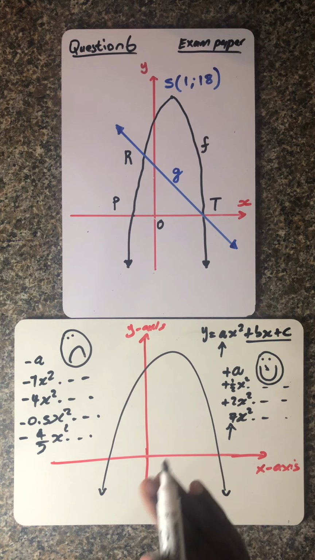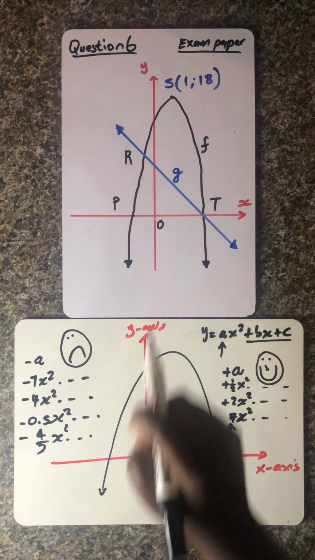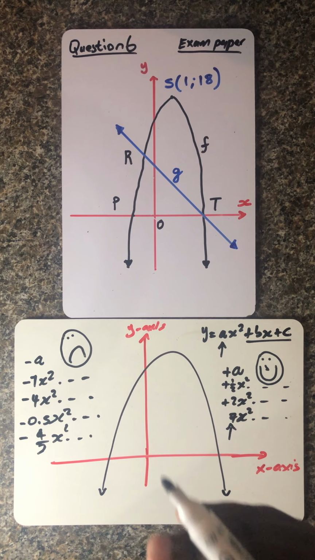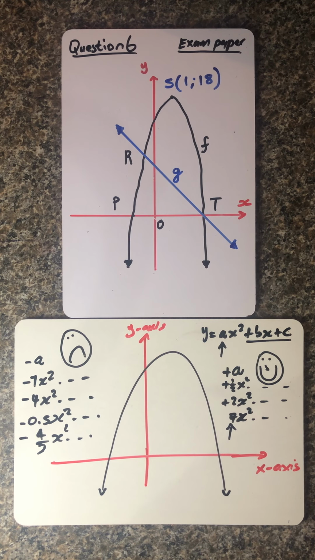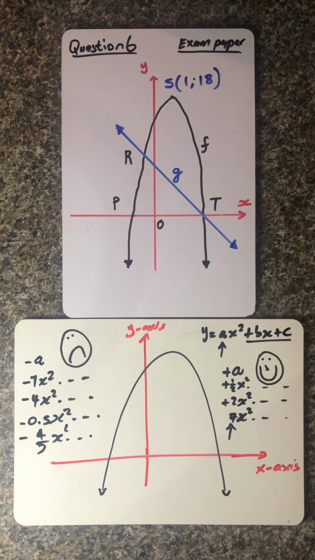So what does it mean when we use this information on that hand-drawn graph? Is our a negative or positive? Based on what I've just indicated to you, the a value for this function should be negative. Very, very much important.